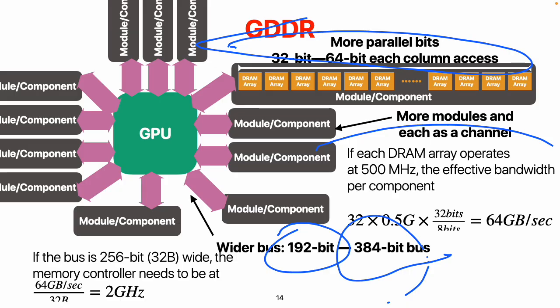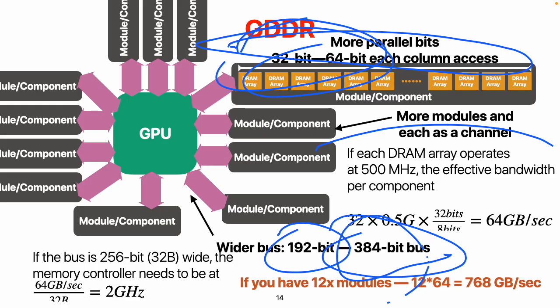However, as you see here, each channel can only receive 32 to 64 bits at the same time, right? So it must be divided into multiple channels. So how do you know how many channels you have? You can look at your GPU spec for the bus width, and then divide it by the parallel bits per channel, and then you know how many channels I have, right?